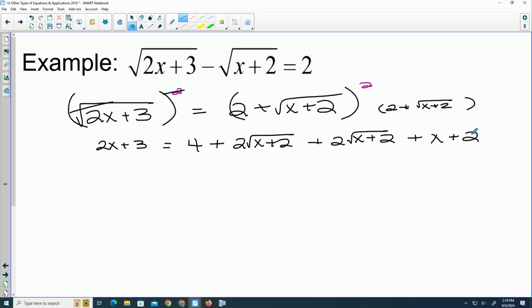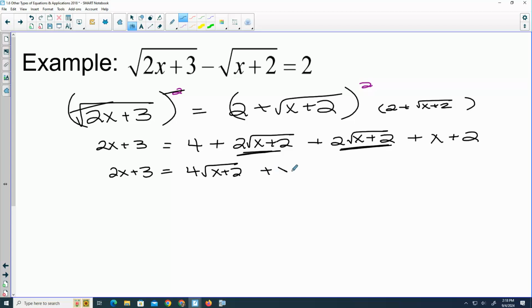Have I lost anybody? What do you think we need to do now? Yeah. We're going to combine like terms and isolate our radicals again. So 2x plus 3 equals, I'm just going to add like things together. So when I add my radicals, you add the coefficient, so that's 4 times the square root of x plus 2.